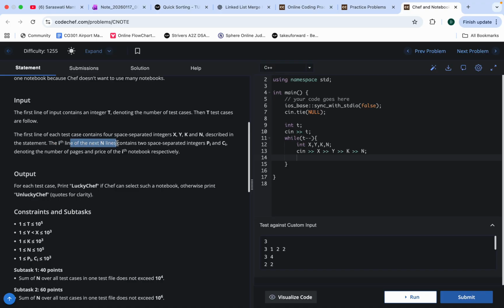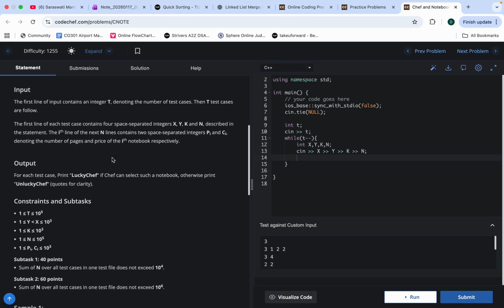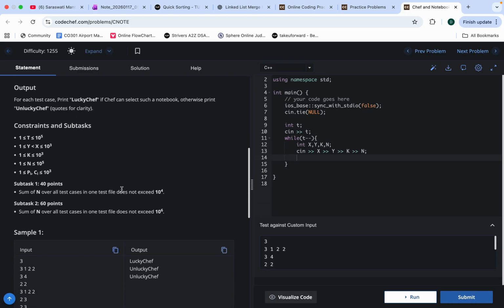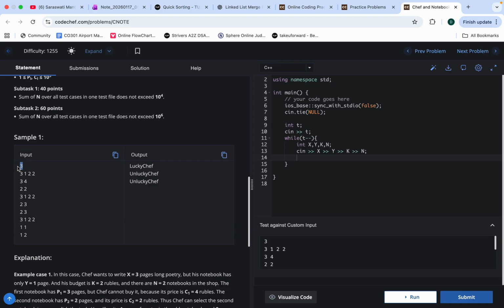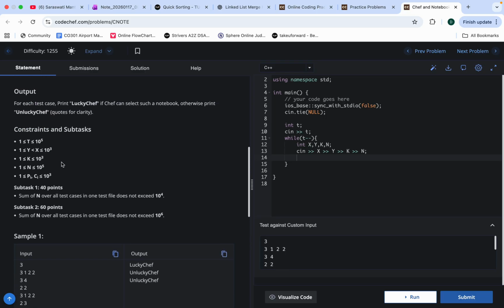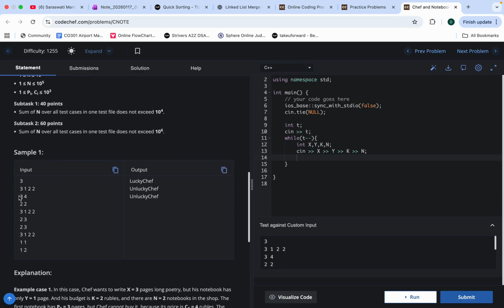Now the ith line of the next n lines contains two space-separated integers pi and ci, denoting the number of pages and the cost. So here this is the number of test cases, then there is the x value, y value, k value, n value, and then there are n separate inputs denoting the pages and the price.